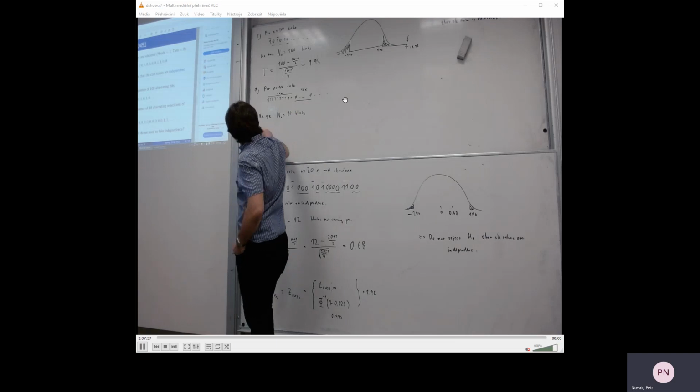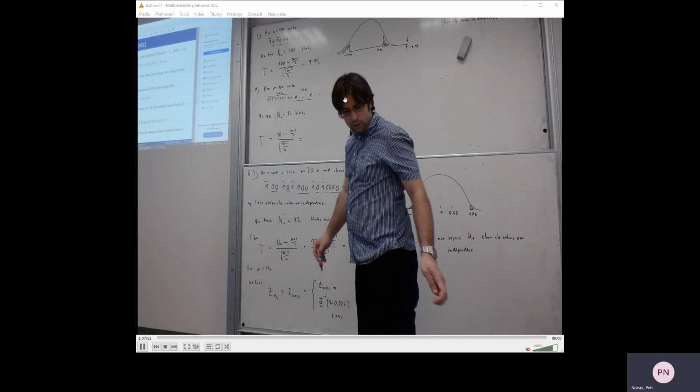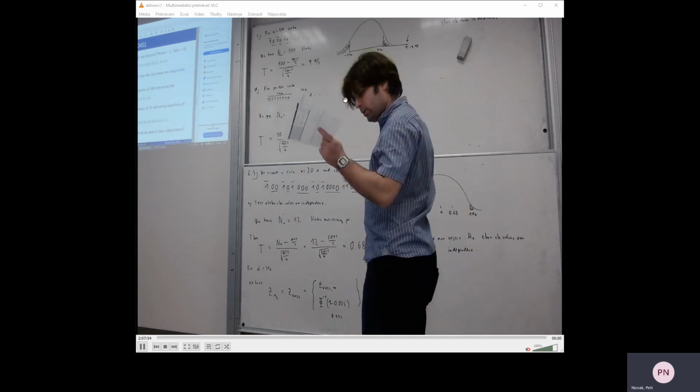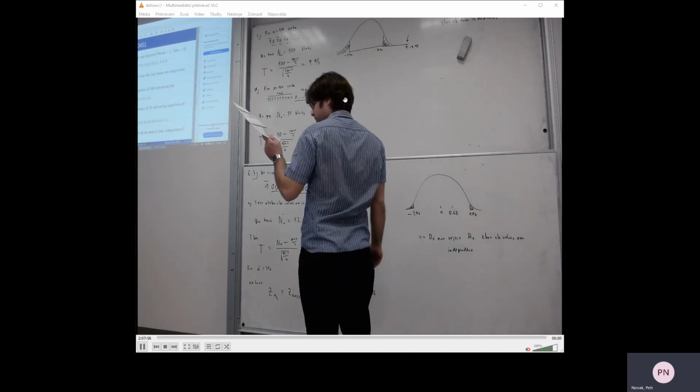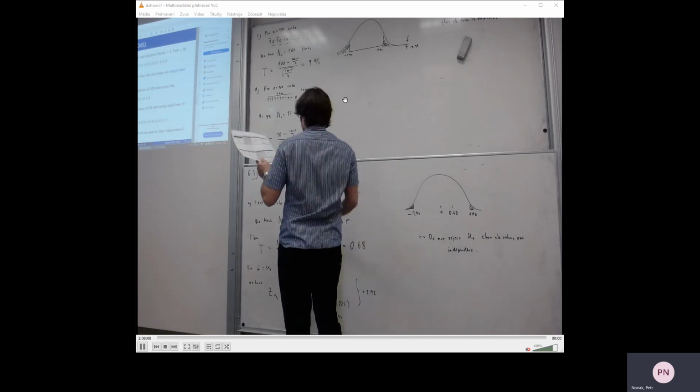And the test statistic is 10 minus (100 plus 1)/2, over the square root of (100 minus 1)/4, which is minus 8.14.